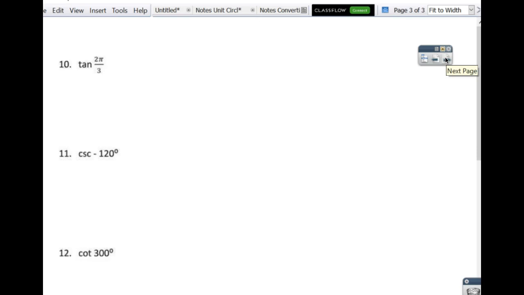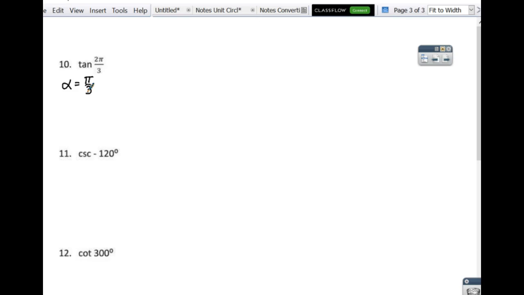What's the reference angle, Rommel? Look at it. All right, so the reference angle is pi over 3. What's tangent? Sine over cosine, right? Sine over cosine. So I want the y value on top and the x value on bottom.